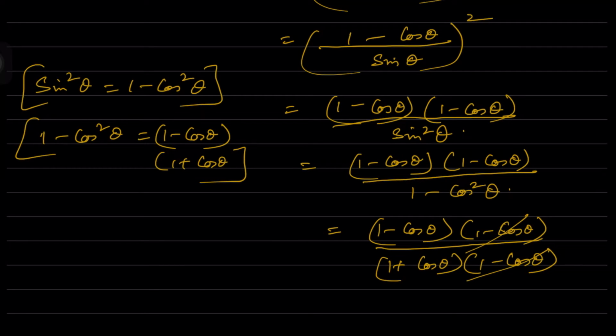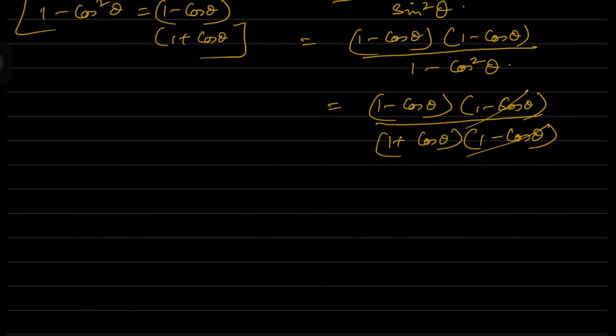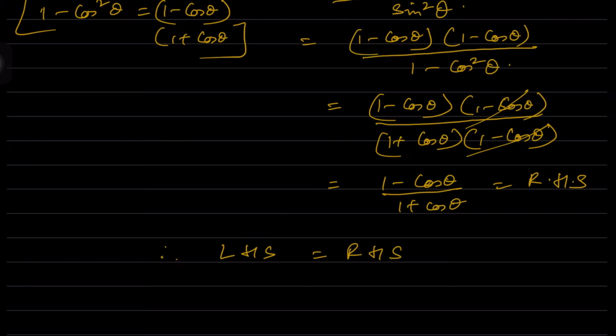So this will get cancelled. Therefore this is equal to 1 minus cos theta by 1 plus cos theta, which is equal to RHS. Therefore LHS is equal to RHS.